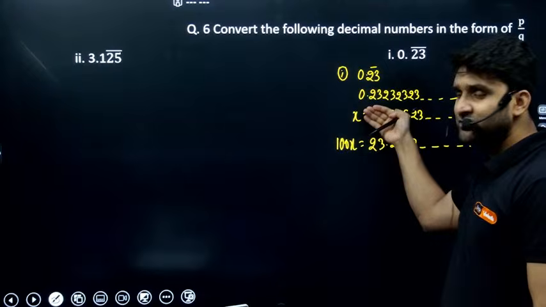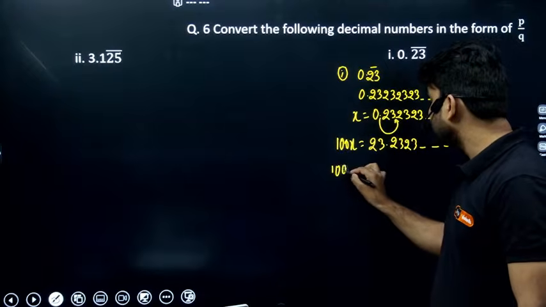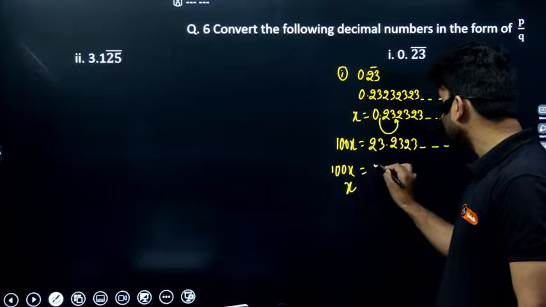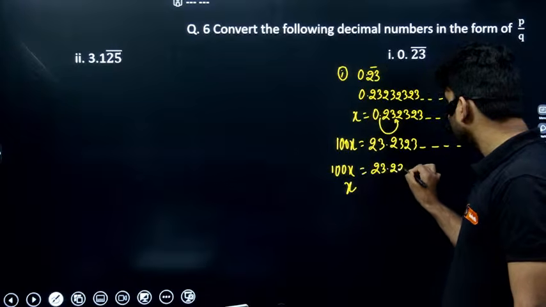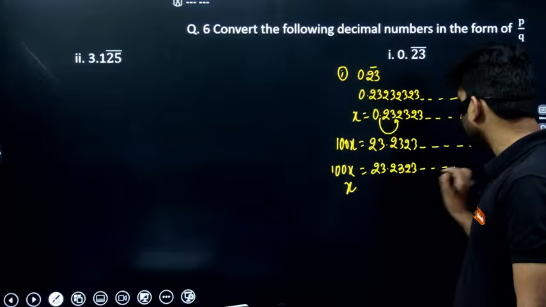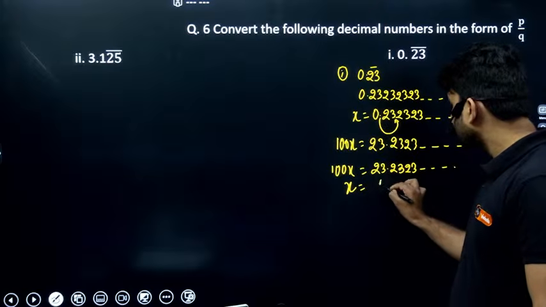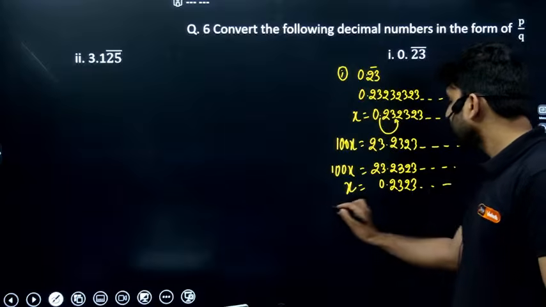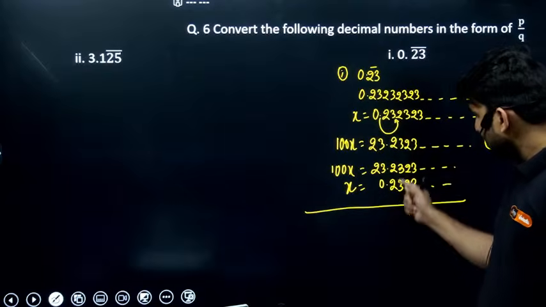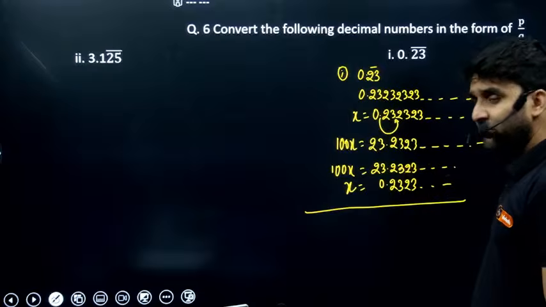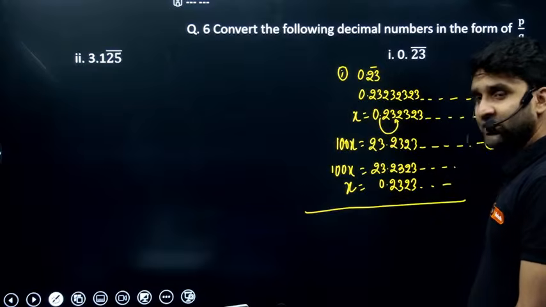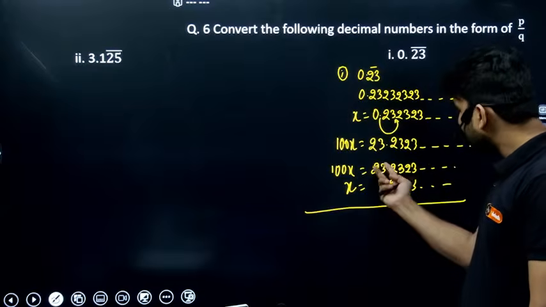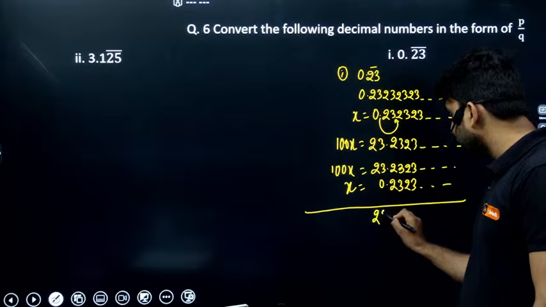Let's subtract equation 1 from 2. So 100x is equal to 23.2323 and so on, and x is equal to 0.2323 and so on. When you subtract, after the decimal 23 is repeating in both, so they will cancel, and 23 minus 0 will be 23, right?